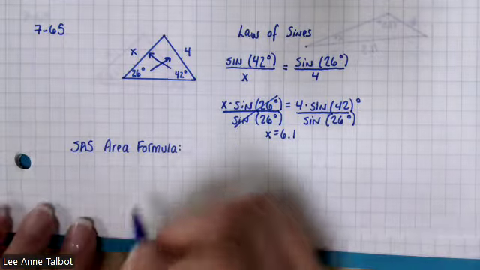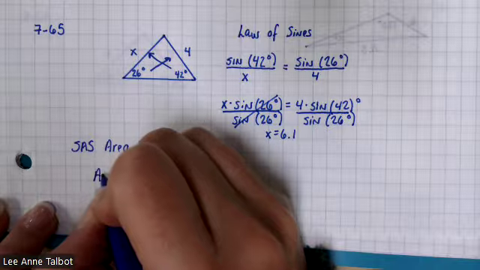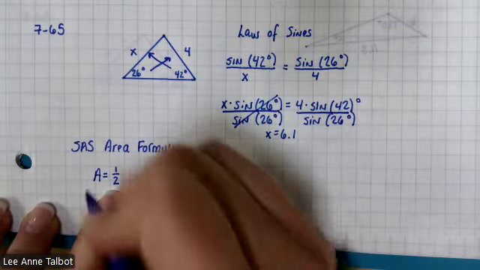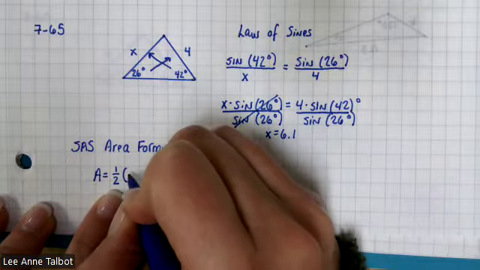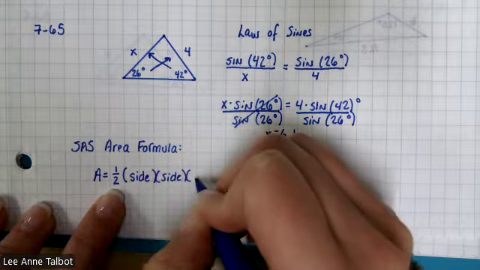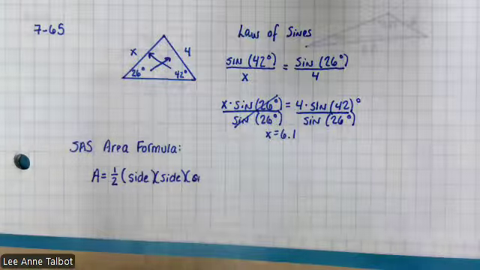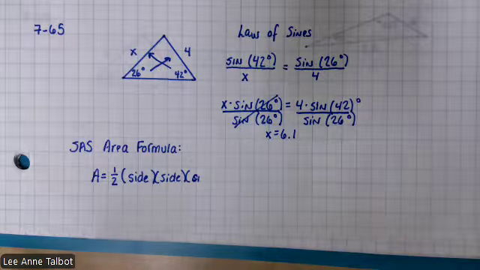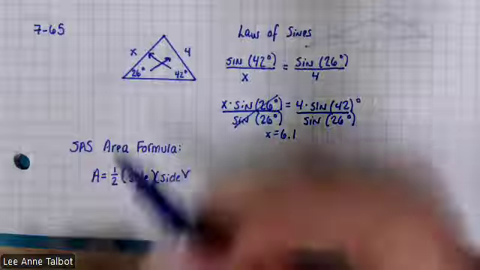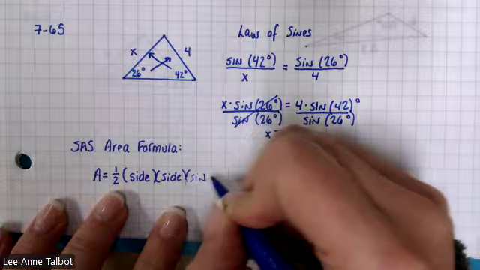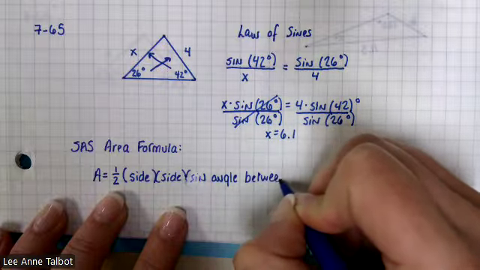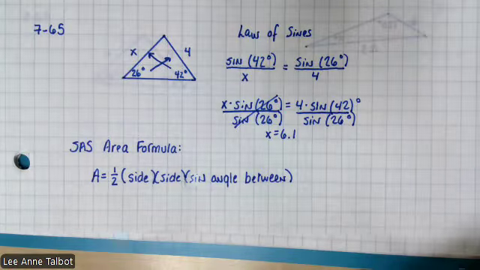Okay, side angle side area formula says you can find the area of any triangle by doing 1/2 times two of the sides times the sine of the angle between.